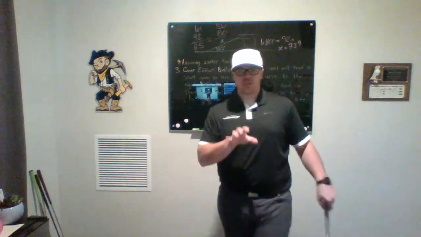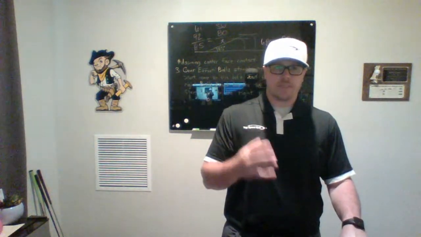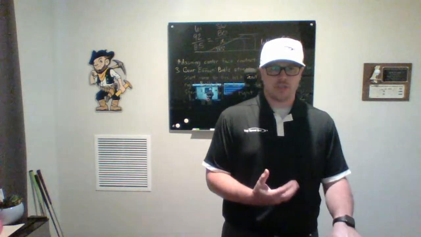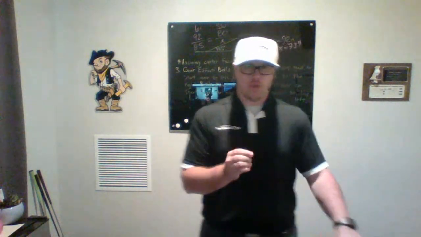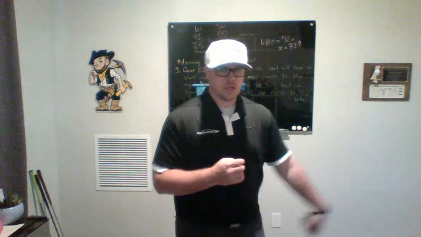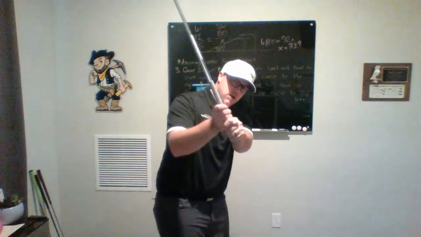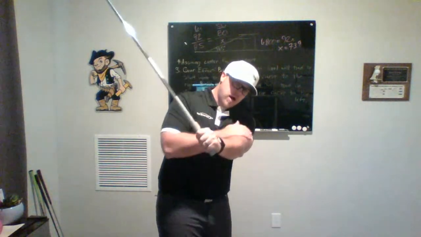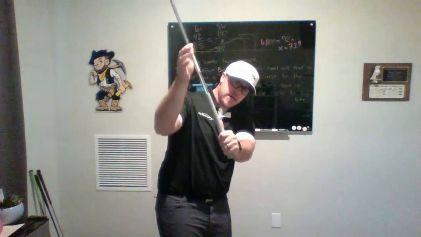So this is all assuming that you've got the club in a position as you're coming down to be able to stay in your posture and rotate the body open. So what you'll need to check also is to make sure that you're not coming down steep in transition. If you look at what that means, as I'm coming down in the downswing, when I pause the swing, when my lead arm is parallel to the ground, where is the butt end of the club pointing?